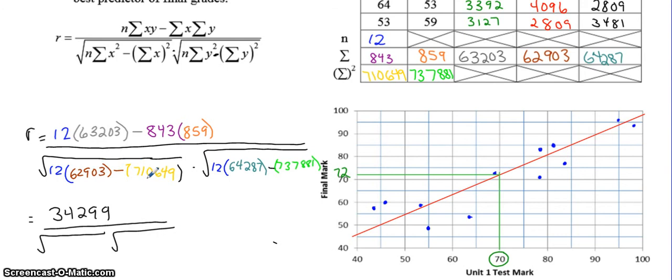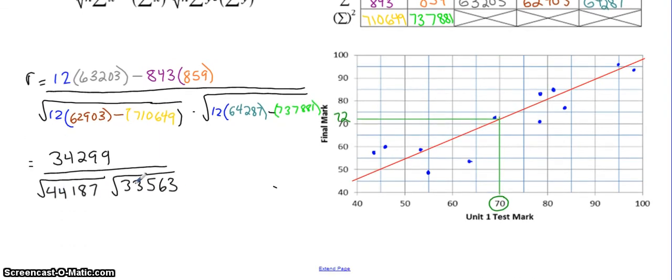Under the first square root, if you calculate this in your calculator, you get 44,187. And in the second square root sign, you get 33,563.